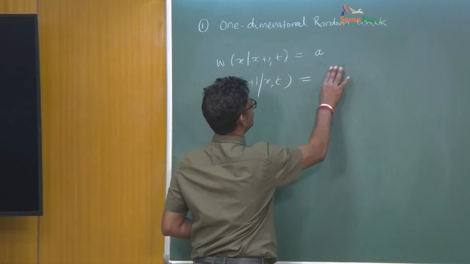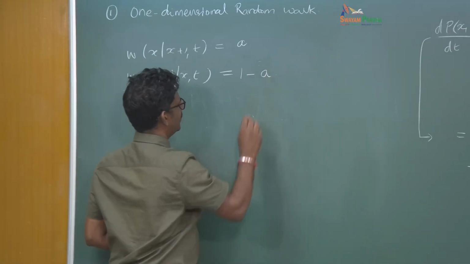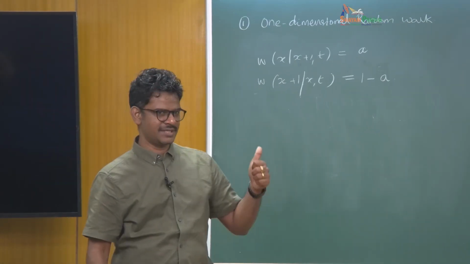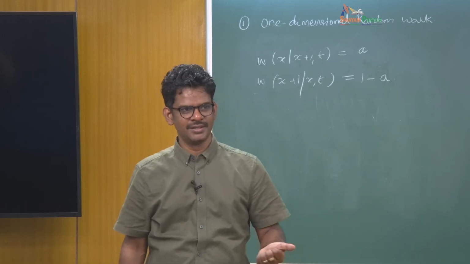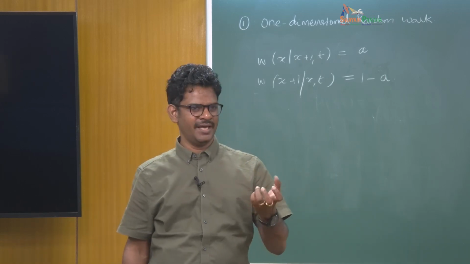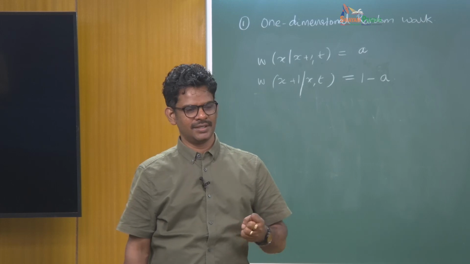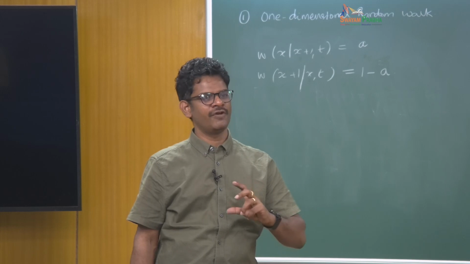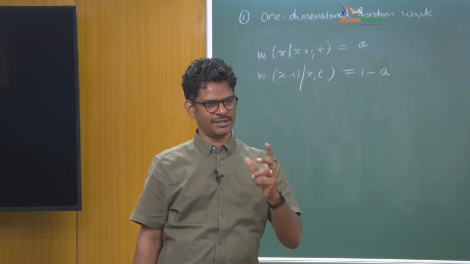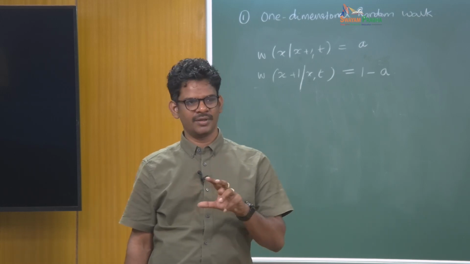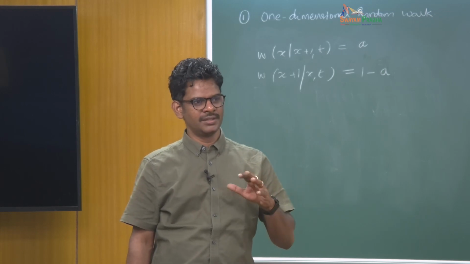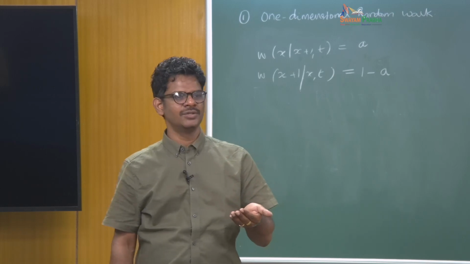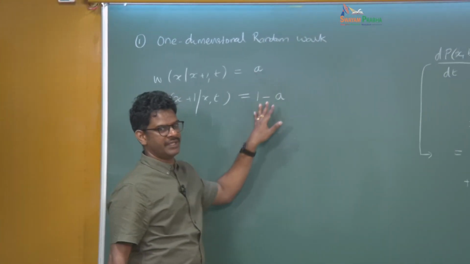Okay, that's fine. That's a valid definition, but by doing this, what are you doing? Suppose you take a equal to 0.1, then 1 minus a is 0.9, then you are biasing the two jumps. You are favoring one side of the jump more often than the other one. But we know that for Brownian motion, a one dimensional random walk, the probabilities to jump forward and backward are equal. So that means if this is a, this also has to be a.